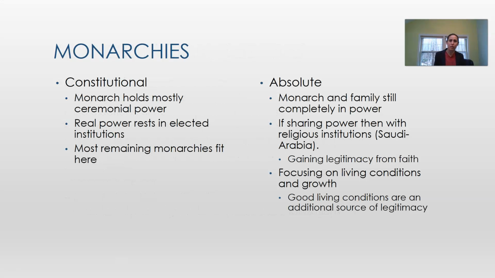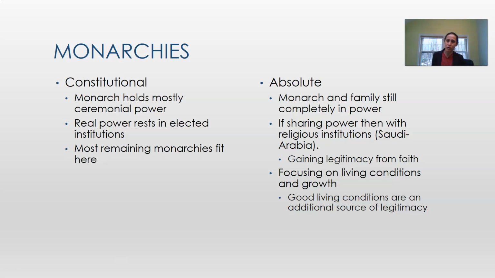Other non-democracies that we can see are part of this family of monarchies. And monarchies could be constitutional, and in those constitutional monarchies, we still have a monarch, a king, a queen, a prince, a sultan, however they are called, with a hereditary line. But at the same time, by now, like in the UK, for example, the queen mostly holds ceremonial powers.